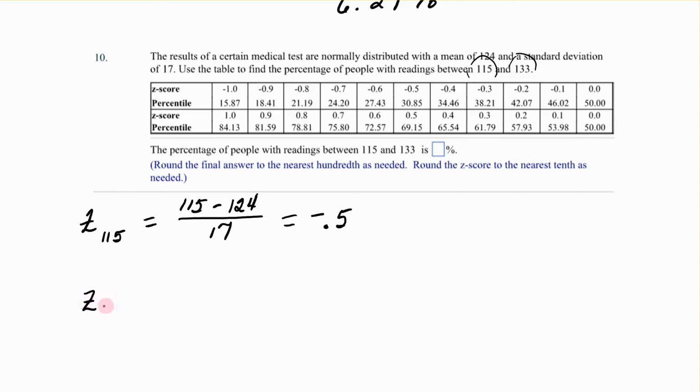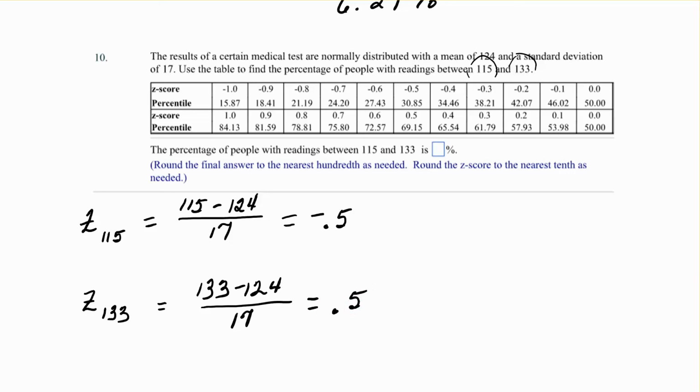Then I have the z-score of 133. That's 133 minus the mean, which is 124, over the standard deviation, which is 17, and that gives us positive 0.5.